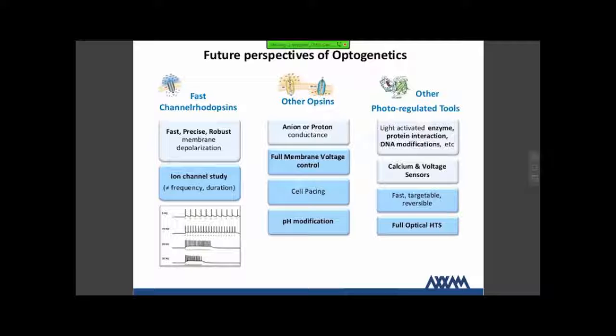And also other photoregulated tools like enzymes or, last but not least, the development of assays expressing genetically encoded sensors, which would be very useful to obtain a genetically targeted, fully optical HTS. And actually, we have ongoing a lot of activities in many different projects in this field, so we hope to have some new results soon to share with you.